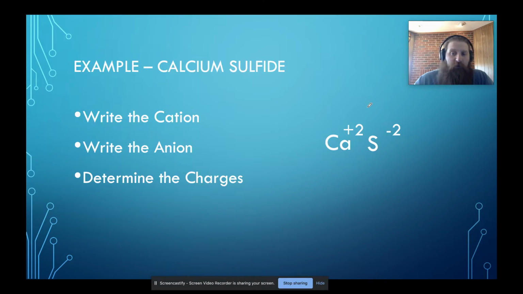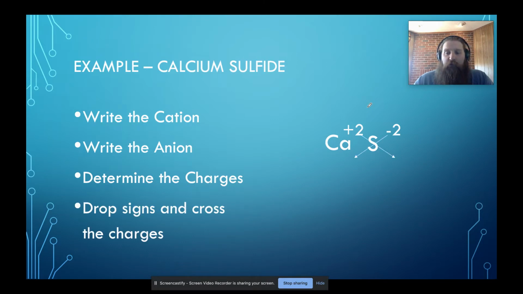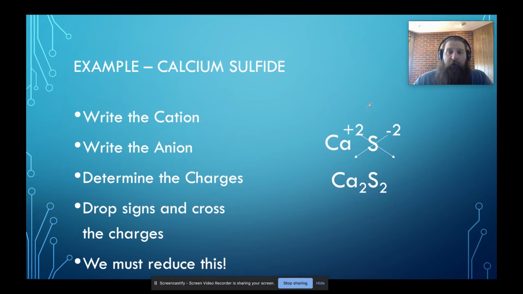So +2, -2 are the charges. Drop the signs, cross the charges. I have to reduce this because it's an ionic compound. I know it's ionic because I have, again, a metal and a non-metal. That's what makes it ionic. So I can reduce this by 2. So my answer is CaS. If you didn't reduce it, you would get it wrong. So we've got to make sure we follow these rules.